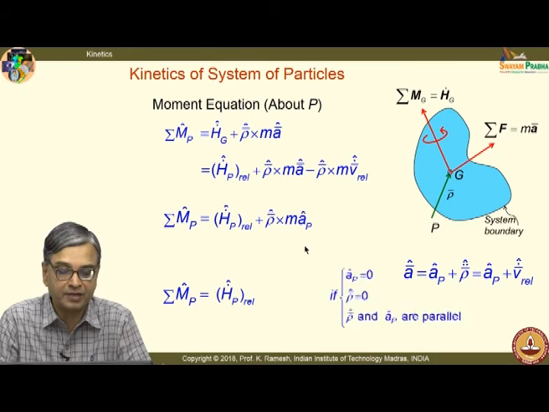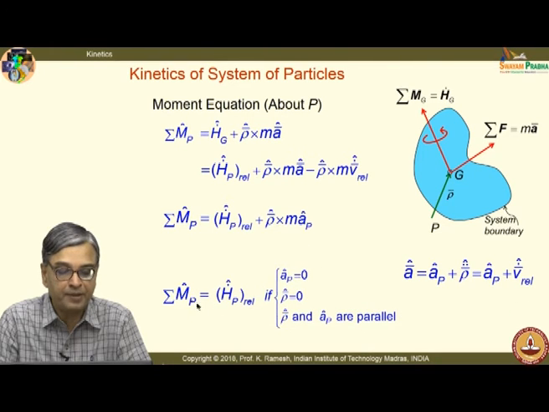So, I have M_P becomes H dot P rel if any of these three conditions are satisfied. This term goes to 0 when A_P is 0, or rho bar is 0, or rho bar and A_P are parallel.